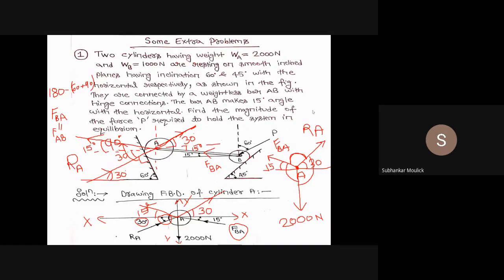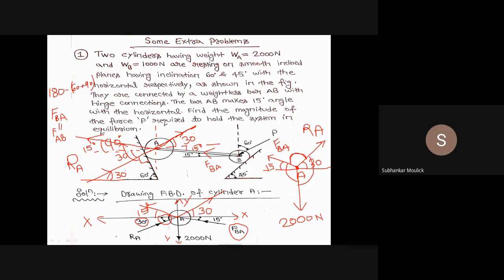Okay, so next, since in the question we have to find the value of this force P, from the FBD of cylinder A I got the value of FBA. Now I will use this value of FBA in the free body diagram of cylinder B. Then only one force is unknown, that is force P, and we can easily find it.